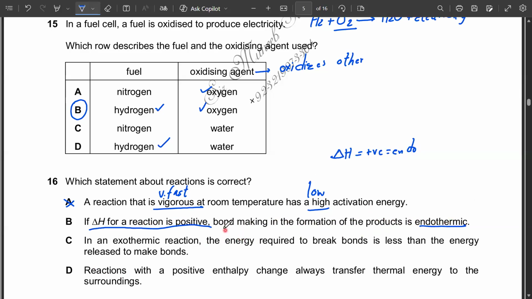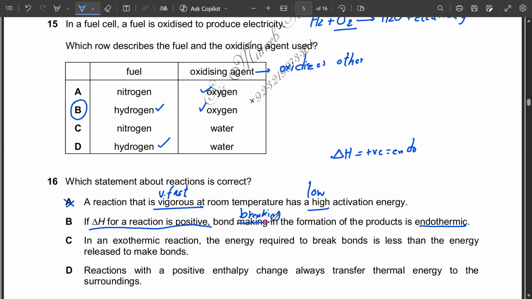It should be bond breaking. Bond breaking should be endothermic. We should say this. That will give you the correct relation between endothermic and delta H positive, but bond making is not endothermic here. So this is the wrong relation.